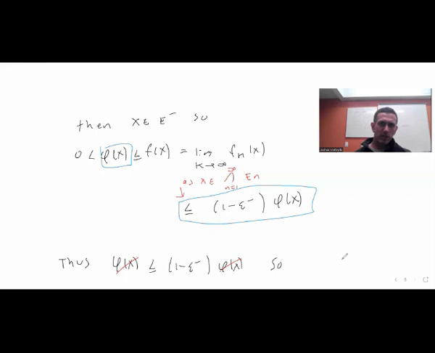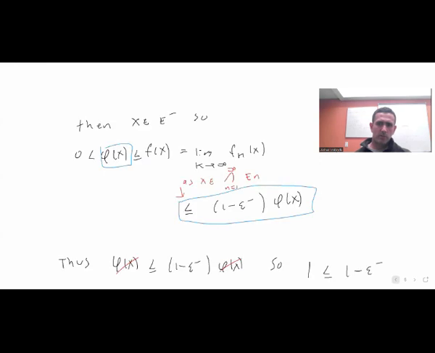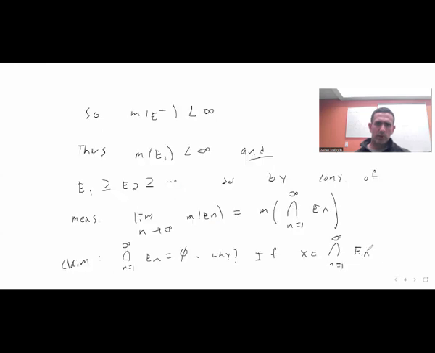So what does that mean? 1 is less than or equal to 1 minus epsilon prime. So minus epsilon prime, or rather 0, is less than or equal to minus epsilon prime. This is clearly absurd. So in other words, picking X in this intersection gives us a contradiction.